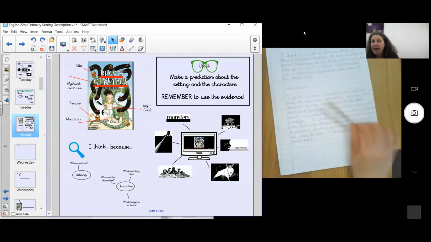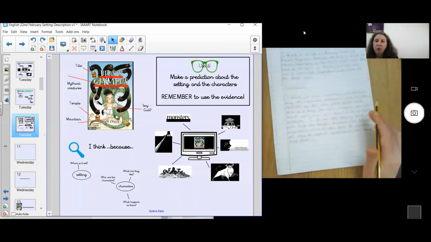Okay, so once you've done that, I would like you to have a think about what the characters are like and what might happen to them, okay? So I would like you again to start with, I think, and say what you think. Once you have done that, use because and then follow that with your evidence from the book cover or the trailer.